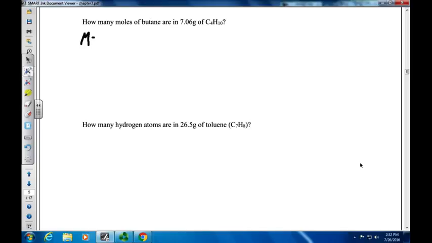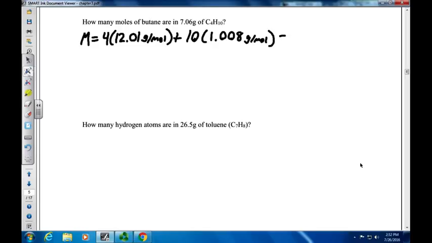So the mass is equal to 4 times 12.01 grams per mole plus 10 times 1.008 grams per mole, which gives us a total molecular mass for butane of 58.12 grams per mole.